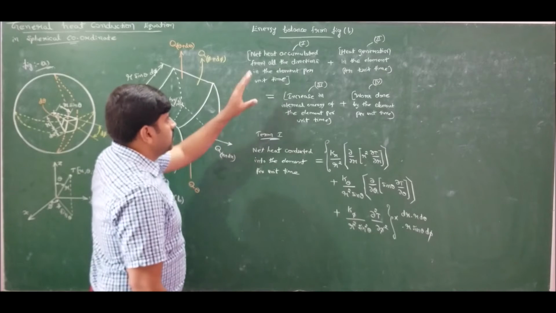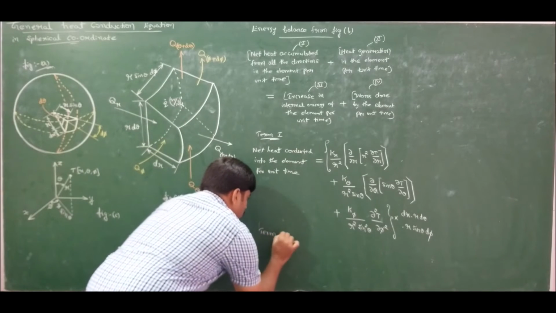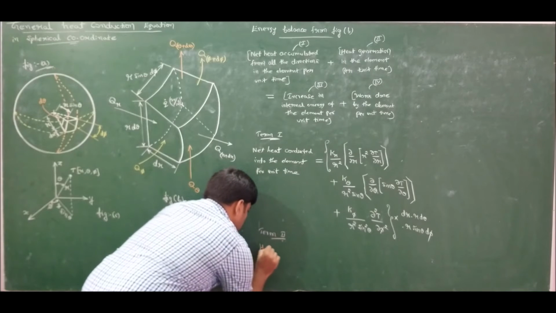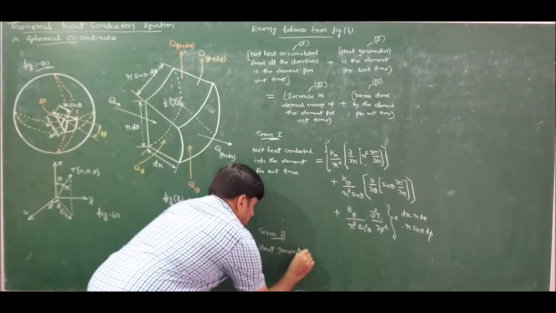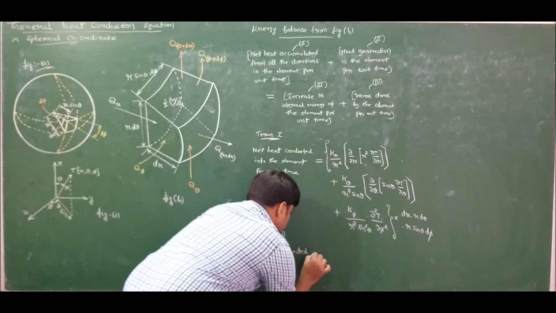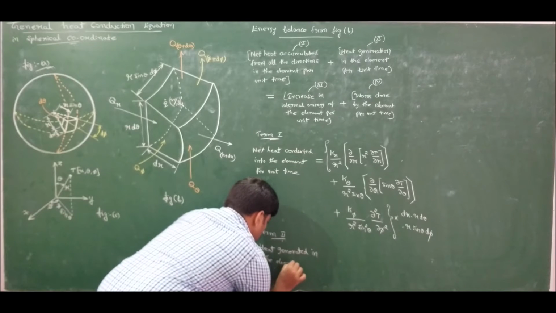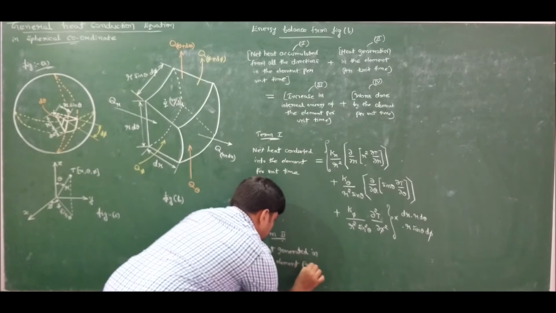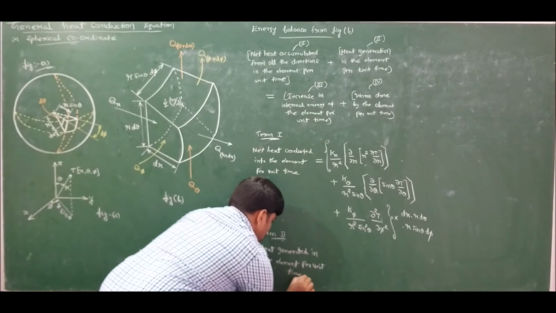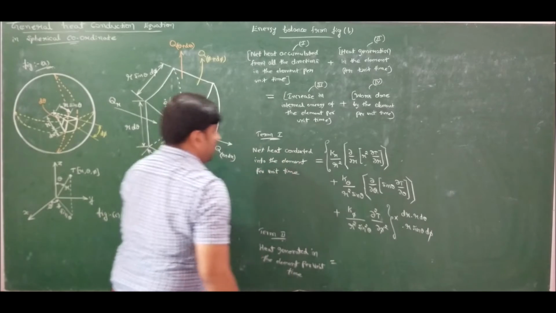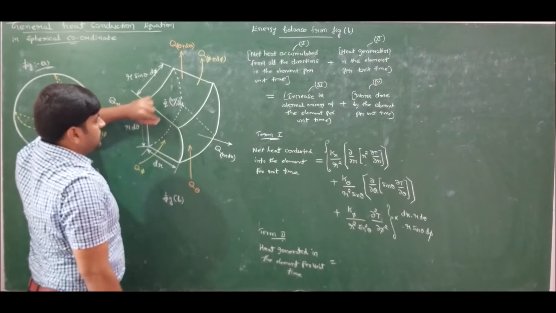Now if I move to term 2, heat generated in the element per unit time will be, we have a uniform heat generation of q dot watt per meter cube.